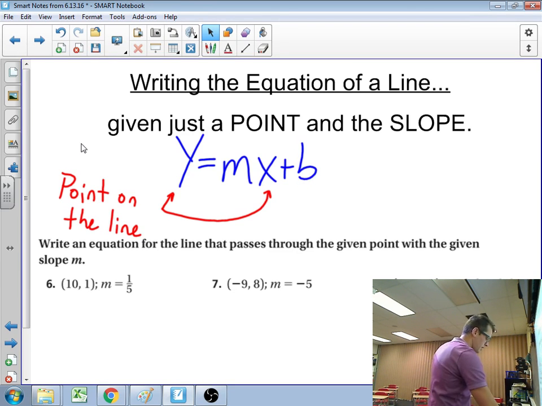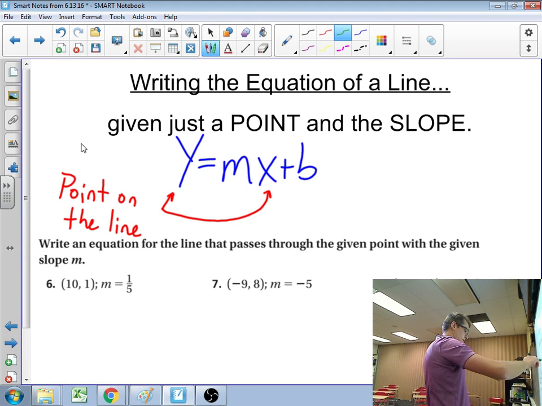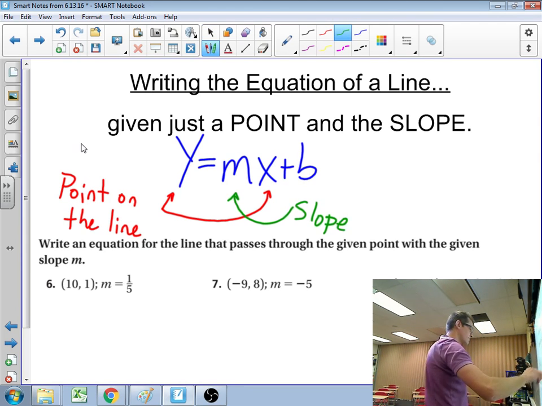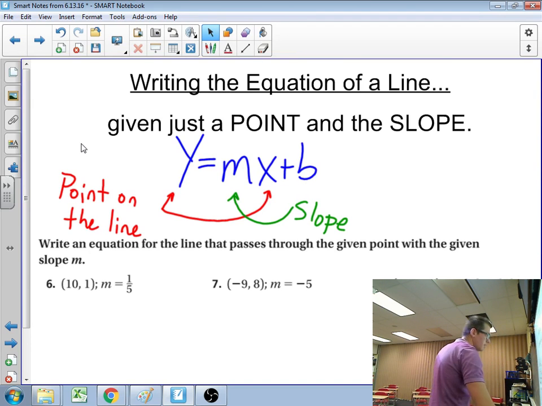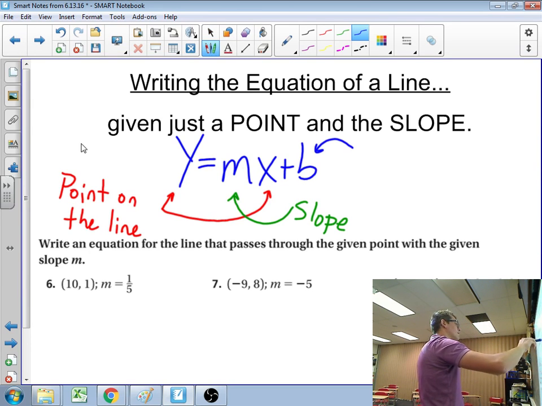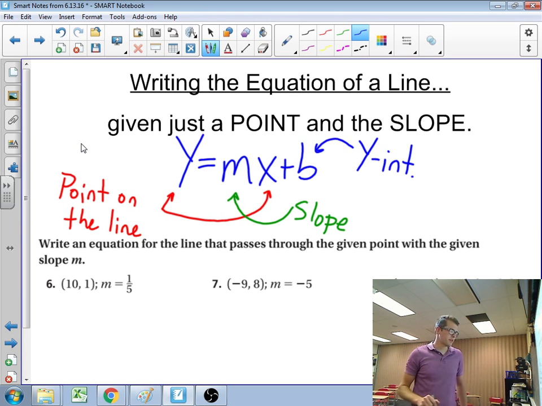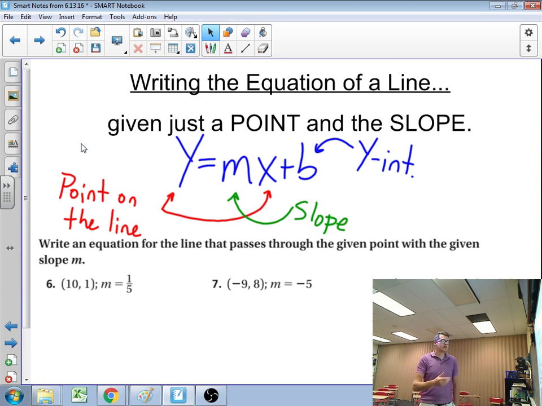We know that m here is my slope, and we know that b is our y-intercept, which I will abbreviate. So what we really need is our m value and our b value. We want this when we have our equation. We want the y and the x to be y and x.